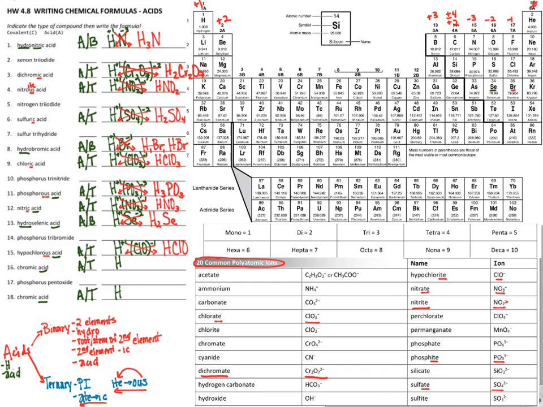Right? Chromic acid, again, it ends with ic. So I'm going to revert back to ate. Here's chromate, CrO4, with a charge of -2. So I'm going to put that down. CrO4. Oops. With the charge of -2. Let me make sure I got this one right.